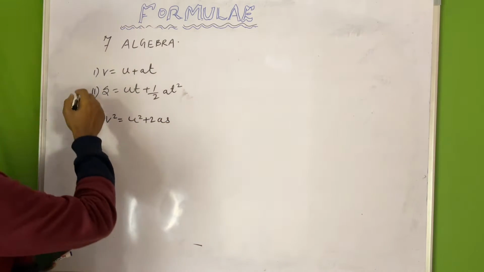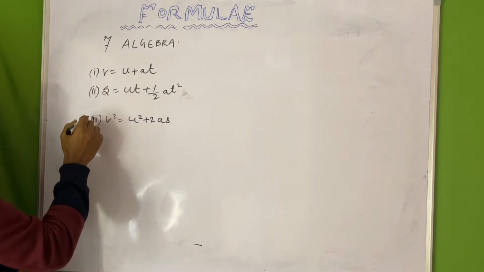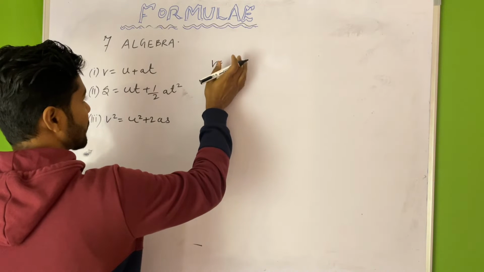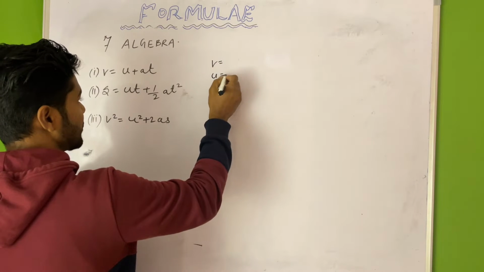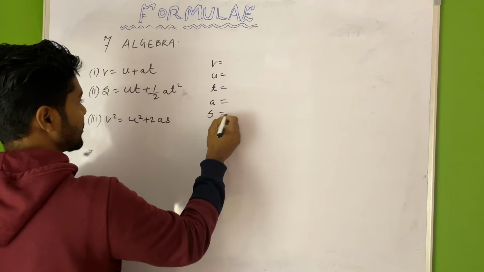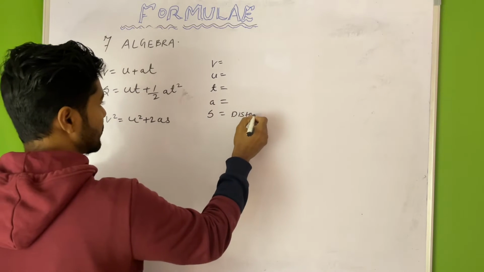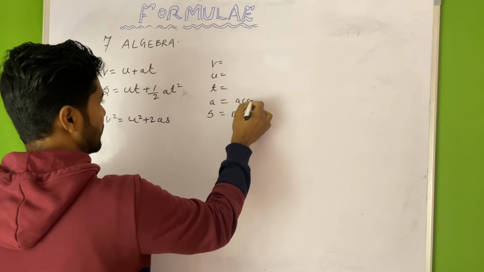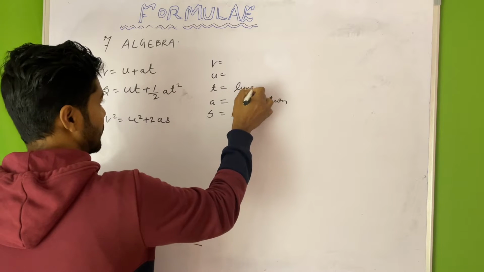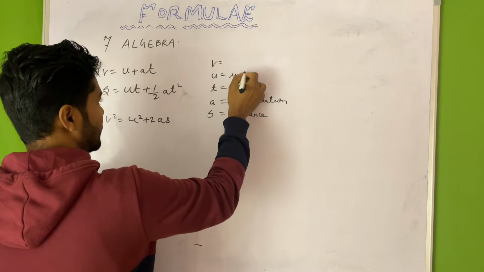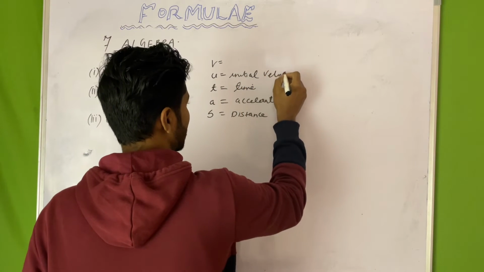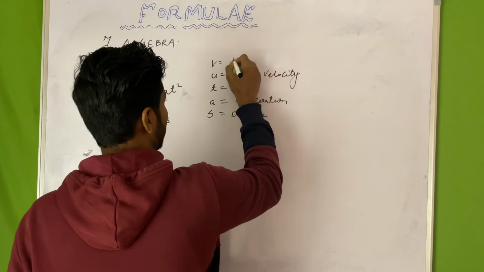You must have studied this formula in your physics, where v is the final velocity, u is the initial velocity, t is time, a is acceleration, and s is distance.